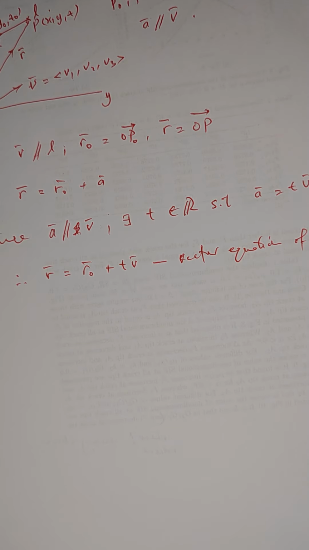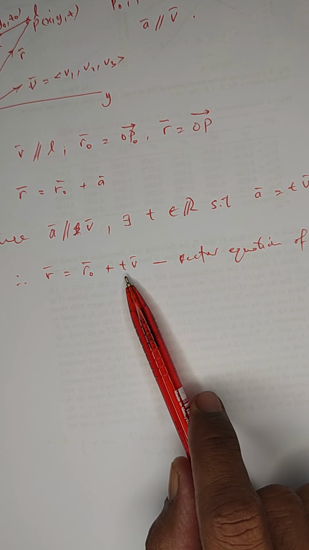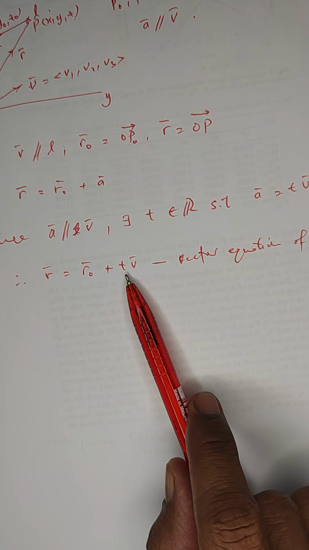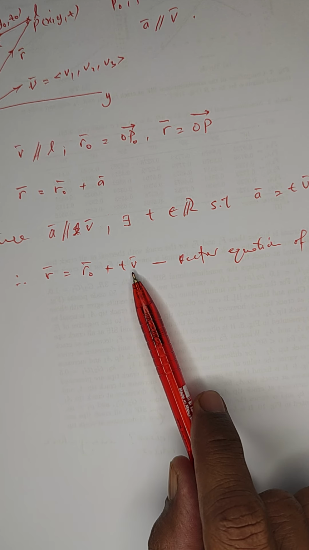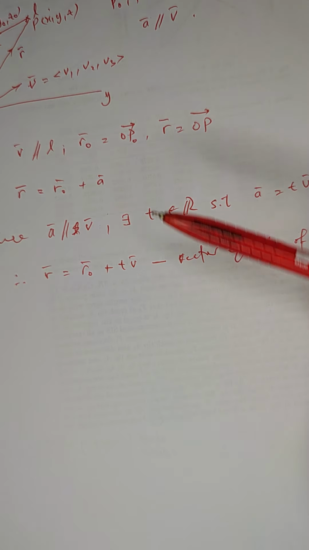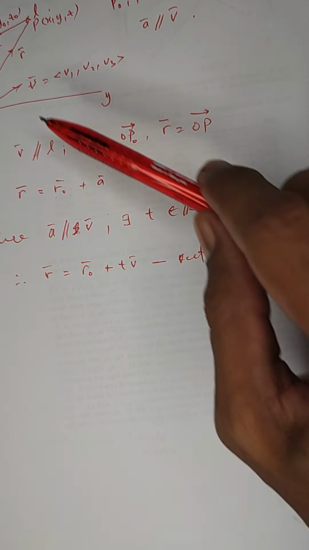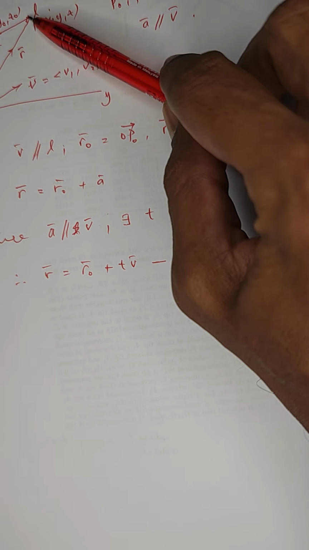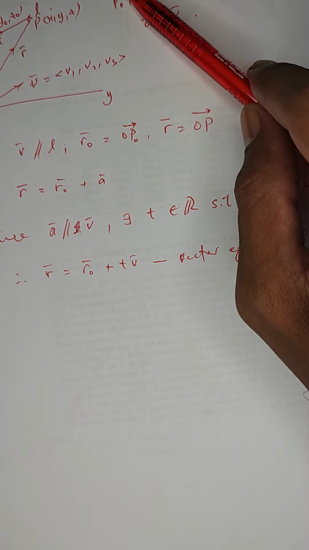If you look at this T here, different values of the parameter T will give different positions of vector R. For example, for T equal to 1, you might have a point here. For T equal to 2, you might have somewhere here. For T equal to 3, somewhere here.